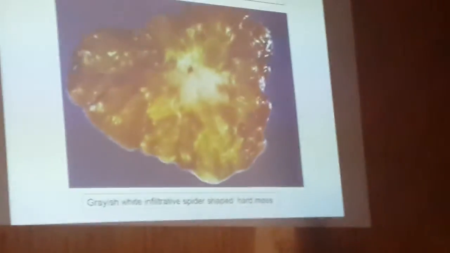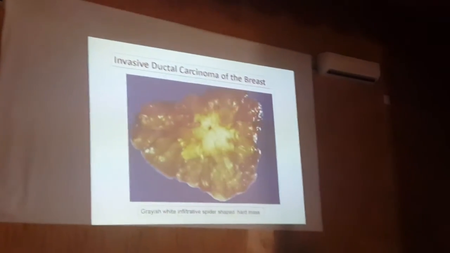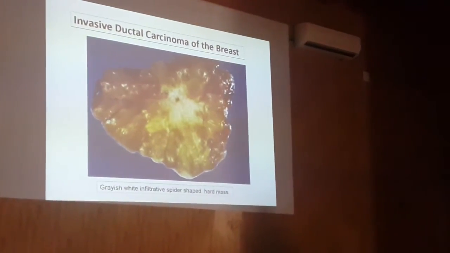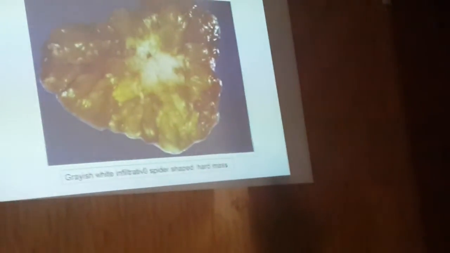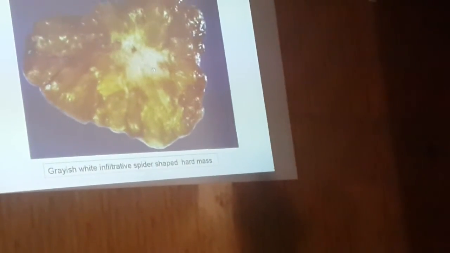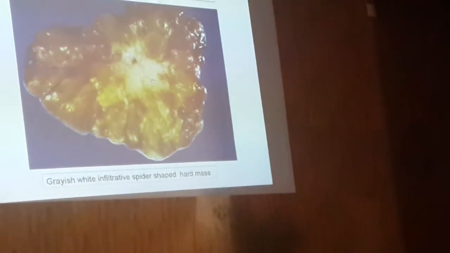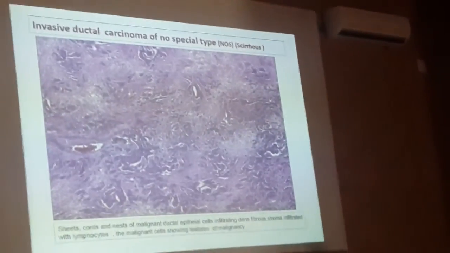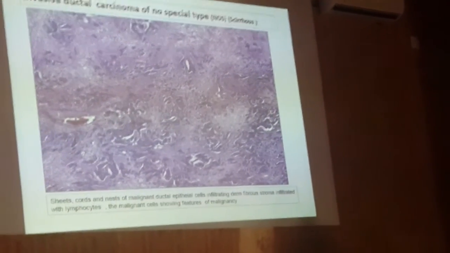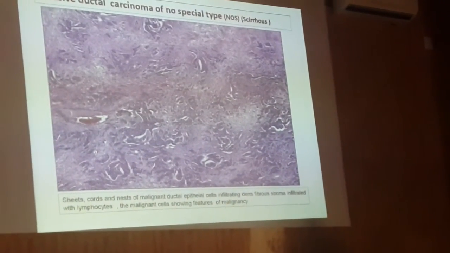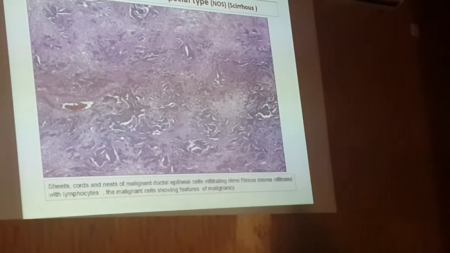What is this? Invasive ductal carcinoma of the breast. Look, this spider shape, extending the legs. It will infiltrate, a grayish white mass infiltrating into the surrounding tissue. Ductal carcinoma, no special type.